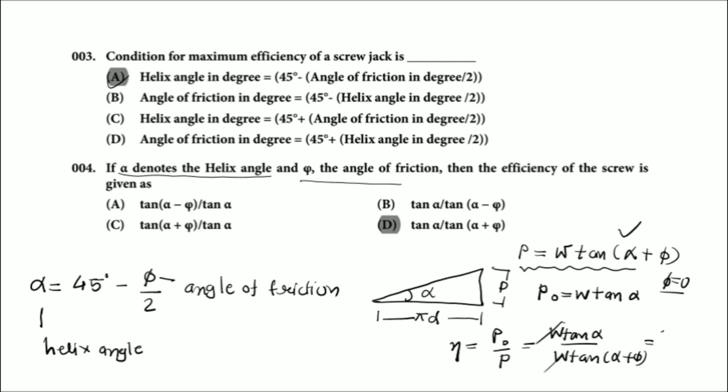So it would be tan alpha upon tan (phi plus alpha), right? So the answer you can see here, tan alpha divided by tan (alpha plus phi), right? That would be the efficiency of a screw, right?